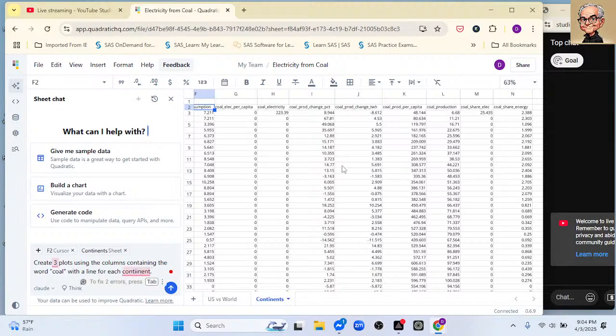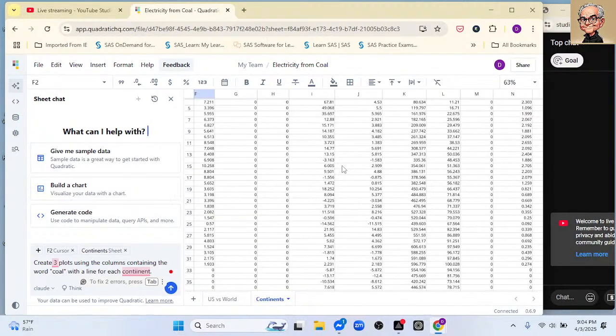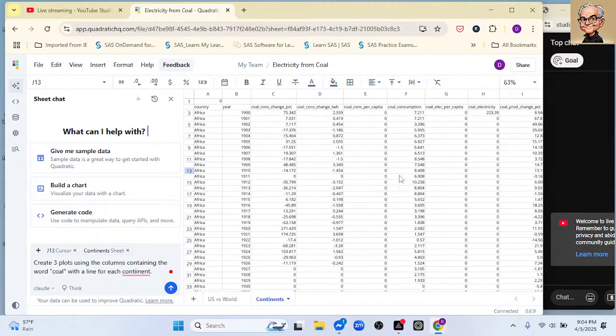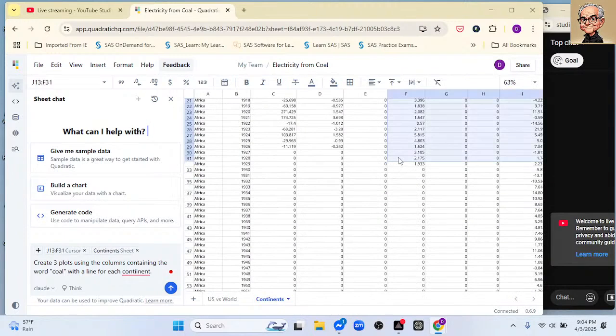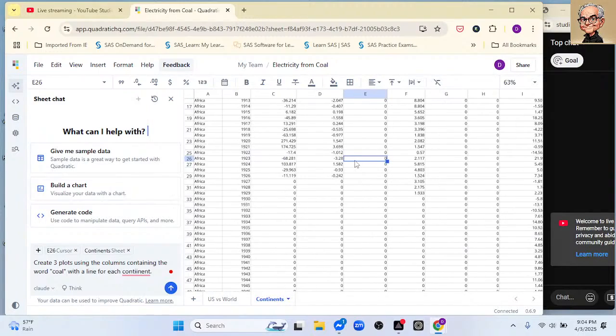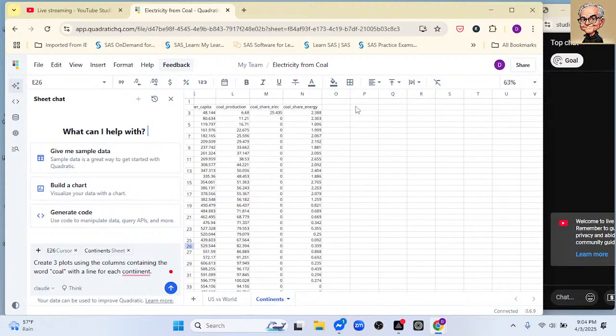Let's go over here. Let's put our plots up here.